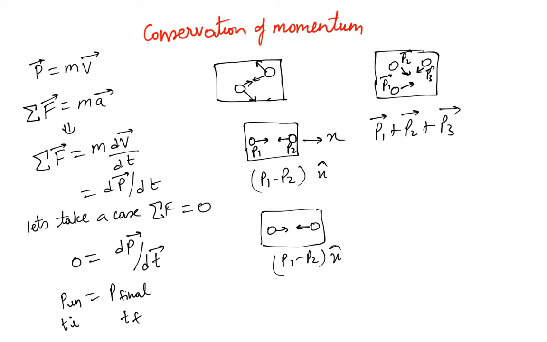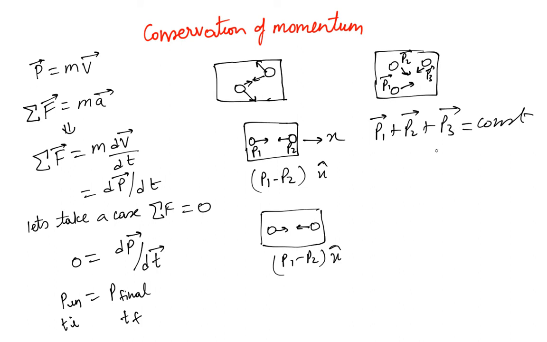Here we were talking about a particle, but that can also be extended to a case when we have more than one particle, like we have three particles here, and this should remain constant. Why? Because collectively the rate of change of the sum total of momenta is not changing, because there is no external force.